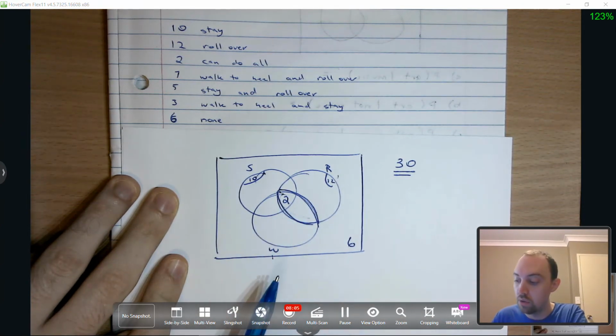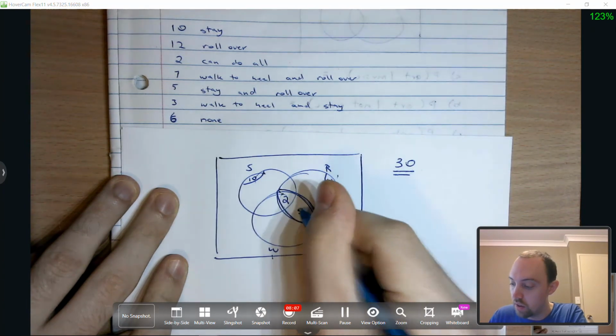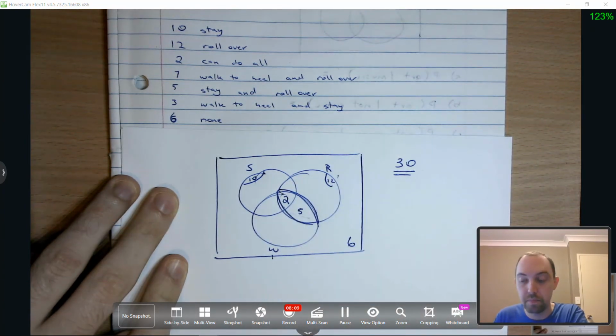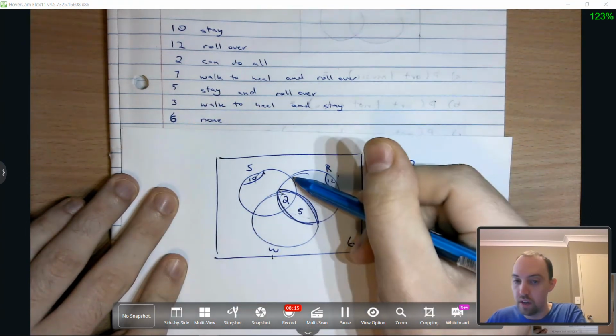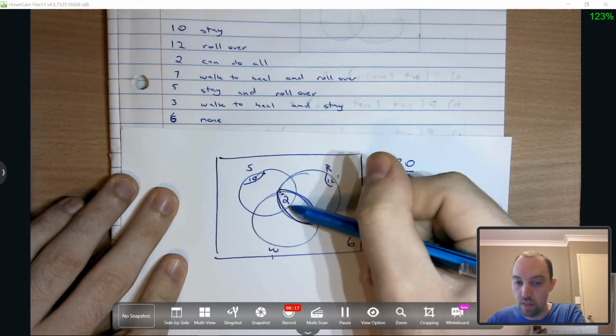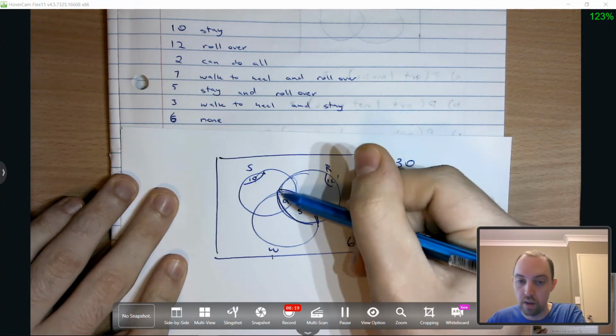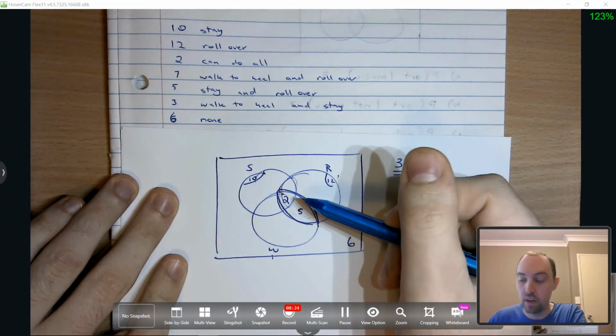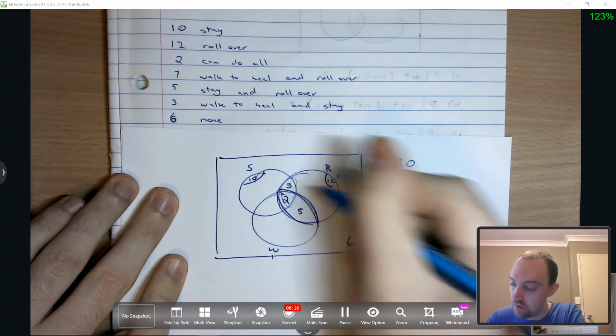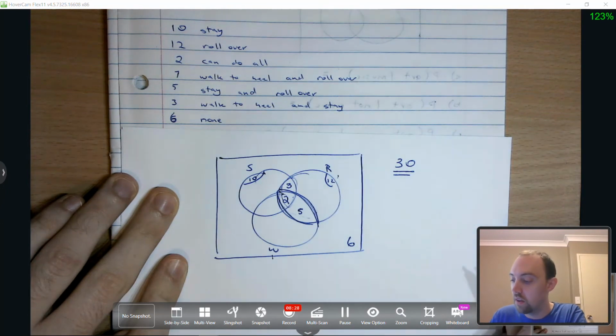I already know that 2 of them are there, so there's another 5 in the other part. Same can be said about stay and roll over. Stay and roll over is this part right here. 2 of them can do all 3, so if there's 5 in that section altogether, 3 has to be there.